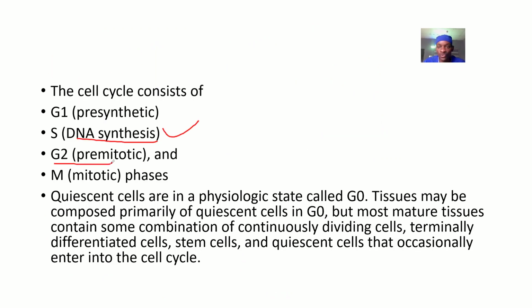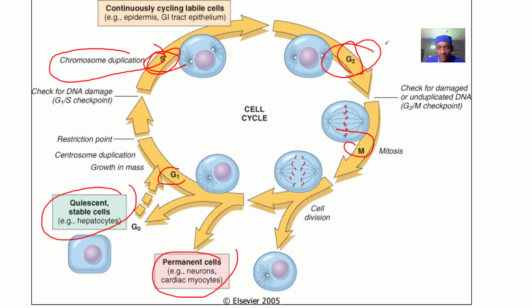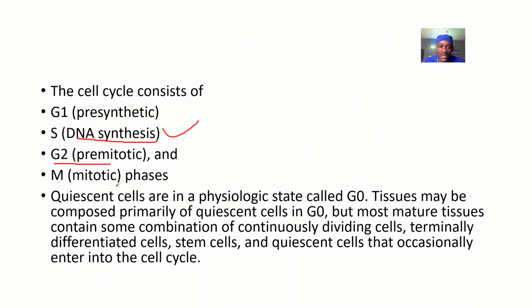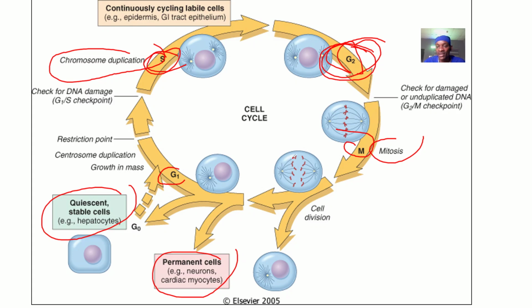We have the G2, which is known as the pre-mitotic phase, before mitosis, all right. We have the M, which is where mitosis is taking place, that's the mitotic phase, all right.